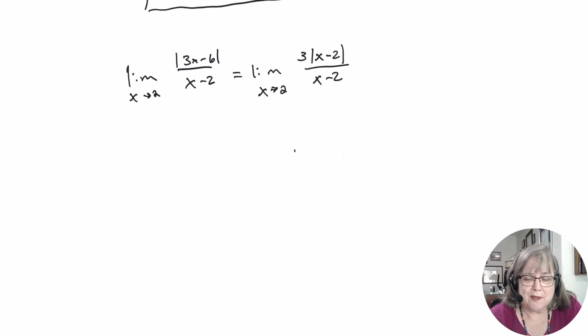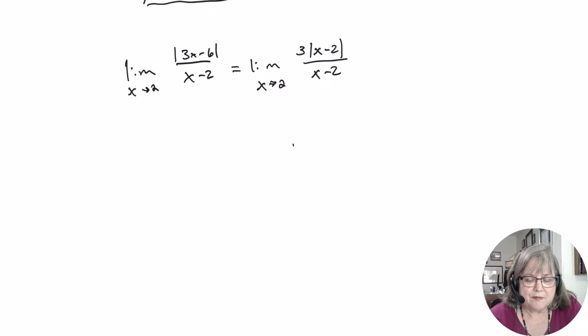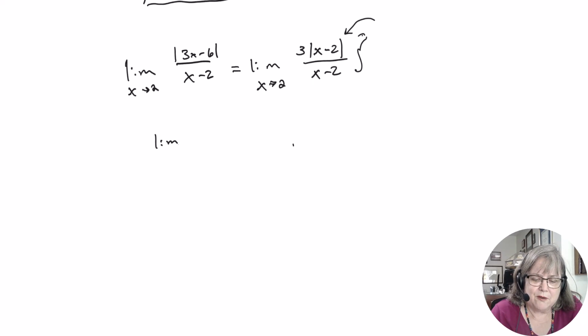And if you remember that special case from the last time we did it, then what you would need to do is go, you cannot cancel these. Okay, these right here do not strictly cancel, because this absolute value, if what's in there is negative, it's going to change it positive. And if what's in there is positive, it leaves it positive. So we need to investigate this, right? So we have to do a two-sided limit.